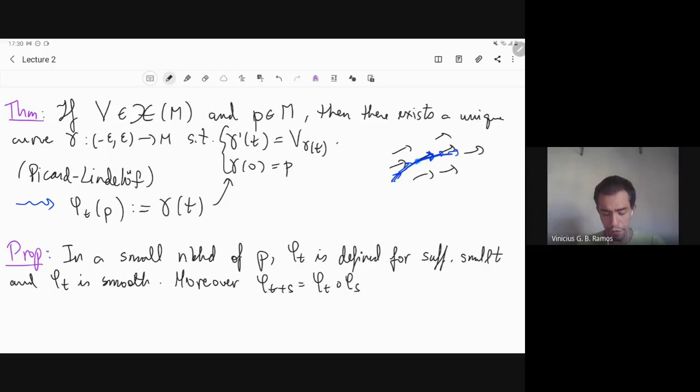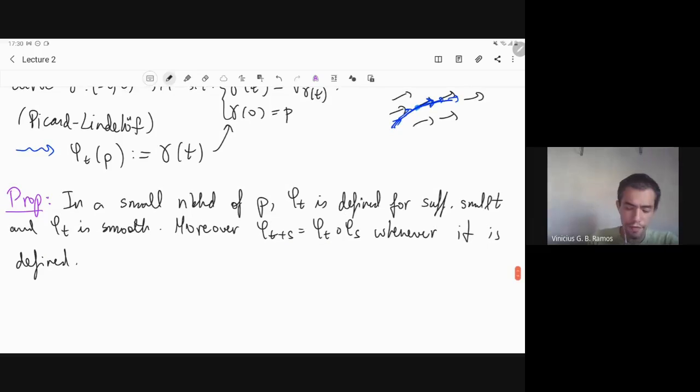Moreover, phi of t plus s is the composition of phi t with phi s in their domains, whenever it's defined. So phi t is called the flow of the vector field.